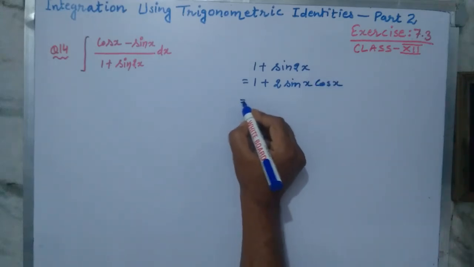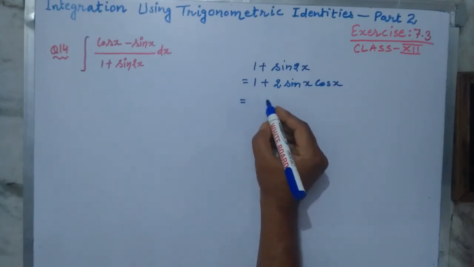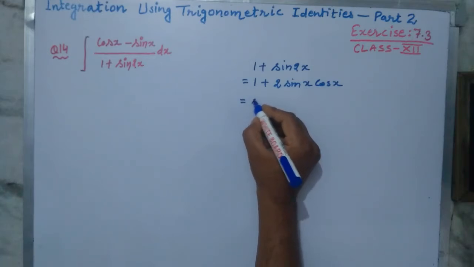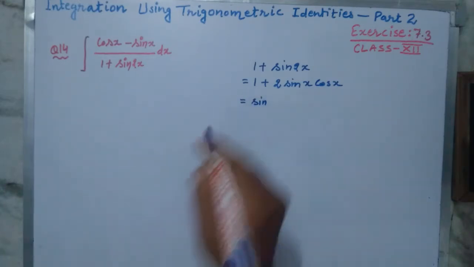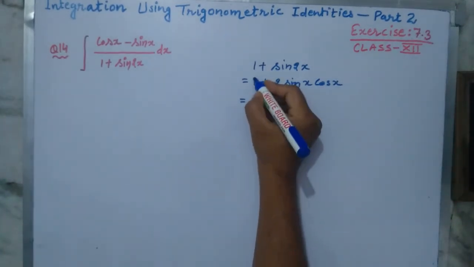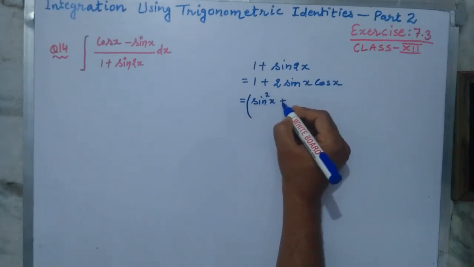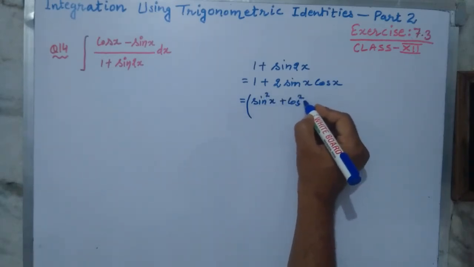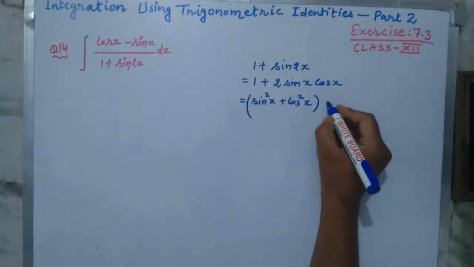Again we know that we can write here 1 equal to sin square x plus cos square x. For this one we are writing this identity.